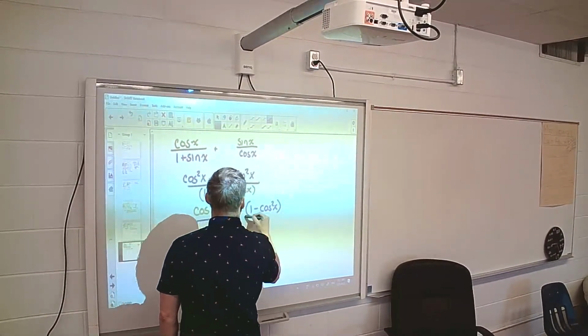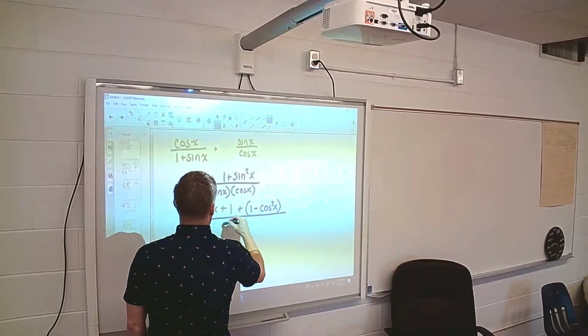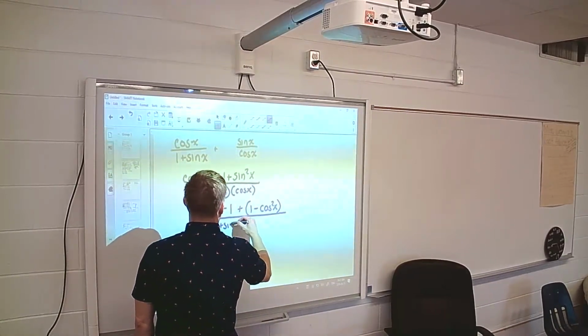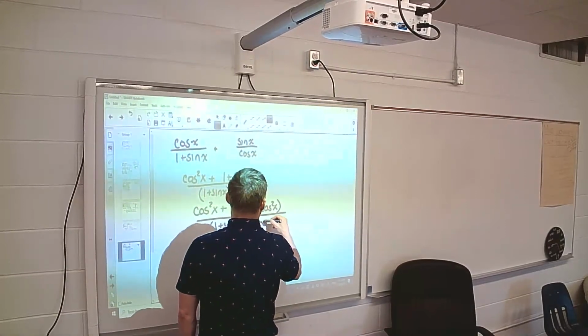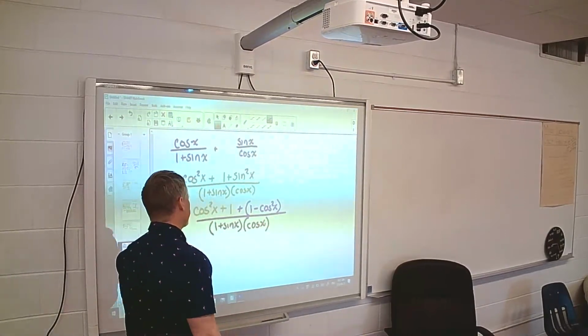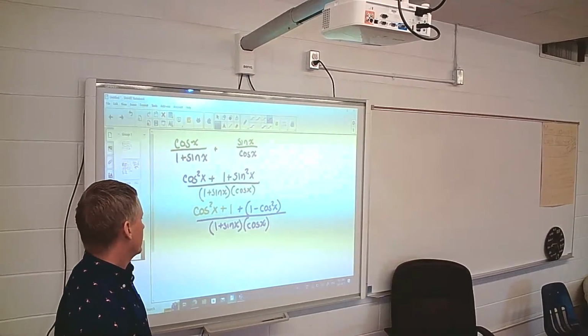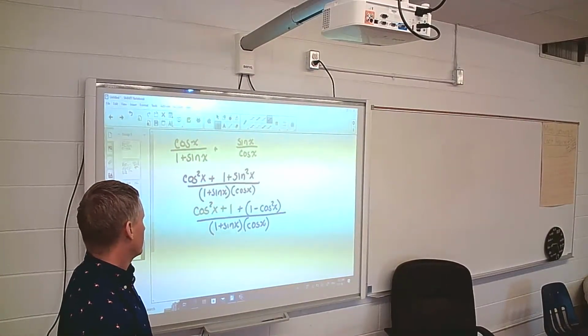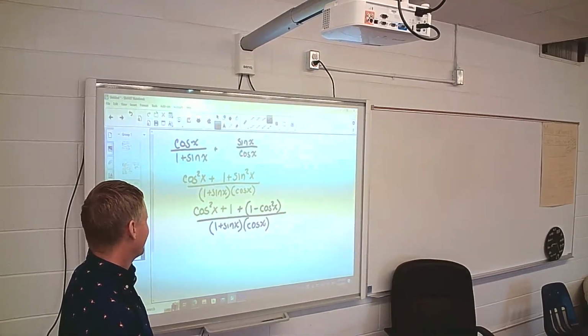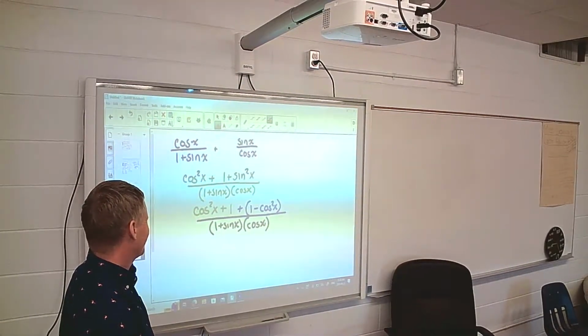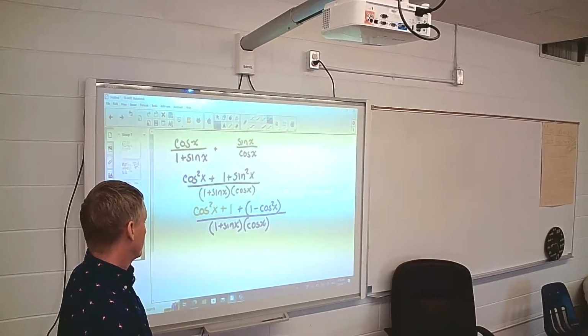I'd end up like this. And then I've got 1 plus sine x, just leaving cos x on the bottom. So what does that leave me with on top? Can you change the 1 and sine squared x to negative cos squared x?